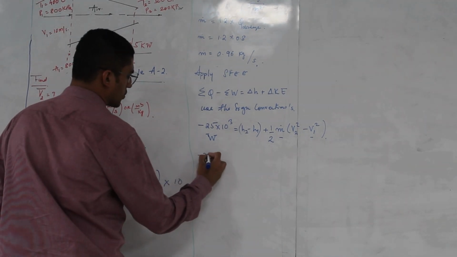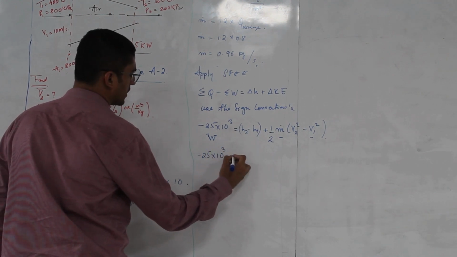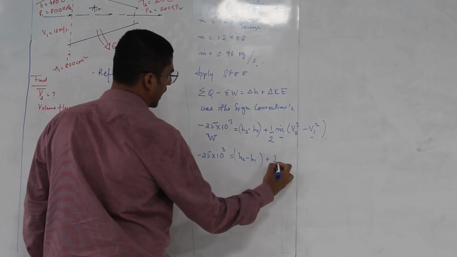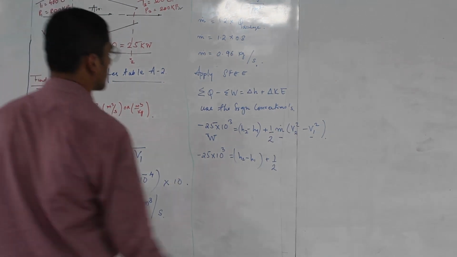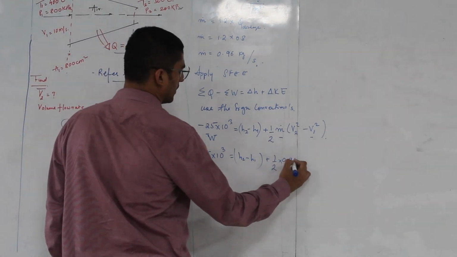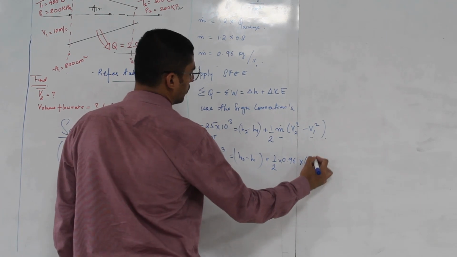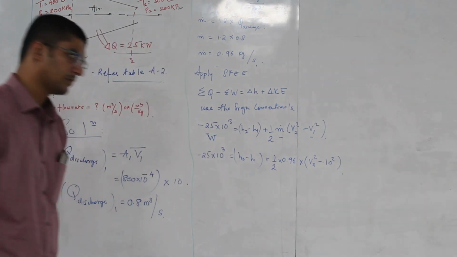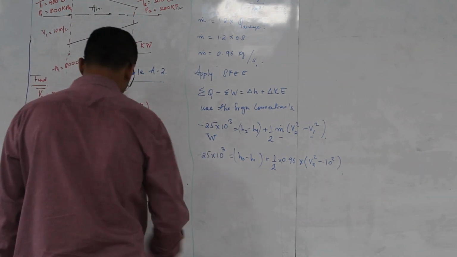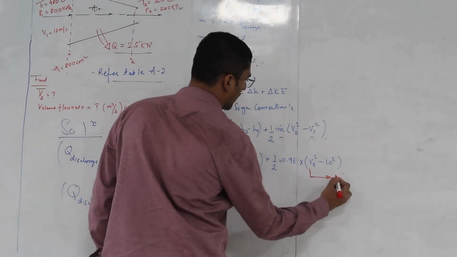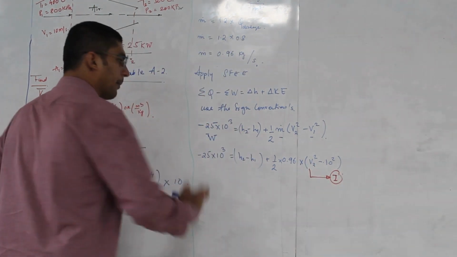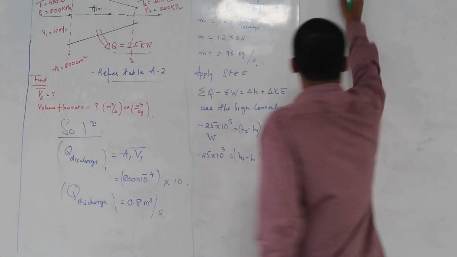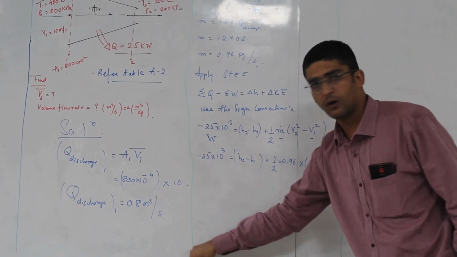So this is minus 25 into 10 to the power 3 is equal to H2 minus H1 plus half m dot, which is 0.96, multiplied by V2, which is unknown, and V1, which is known, 10 square. I'll maintain this as equation number 1 in order to find V2, provided I have a value of H2 and a value of H1. Let's see if we can calculate the value of H2 and H1 or not.